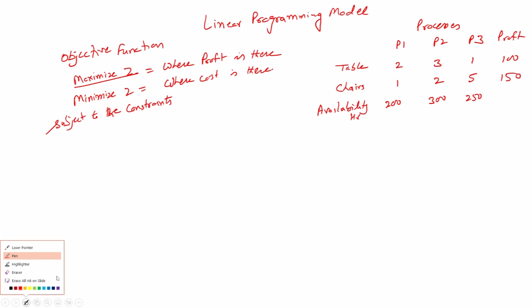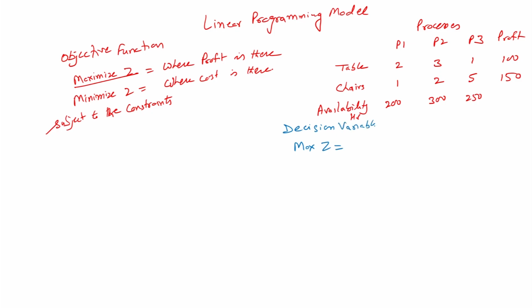Objective here is maximize the profit. So, I will write maximize Z. And what are my decision variables in this case? Decision variables are how many tables and how many chairs I should produce.